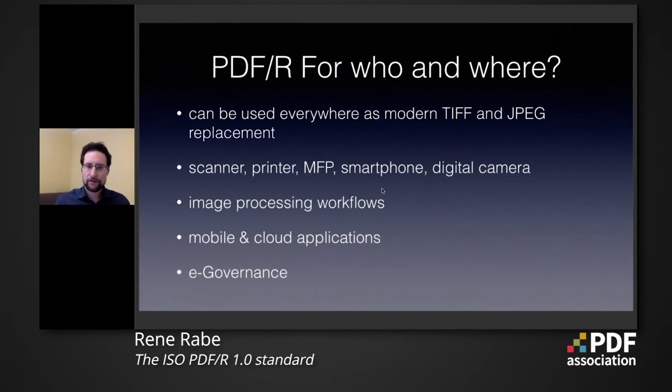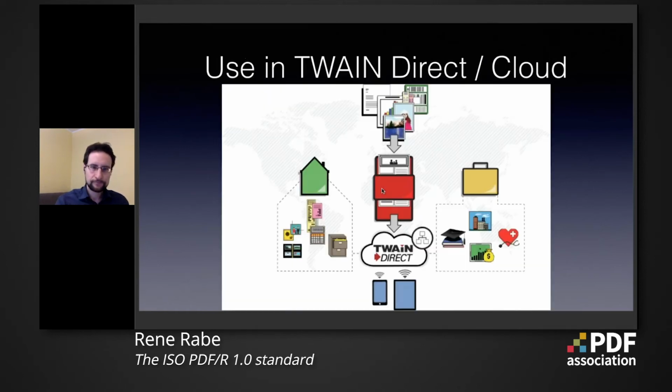And all, as I said, all image processing workflows, especially in mobile and cloud applications, due to the much lower requirements in code size and the direct guarantees of direct pixel access and direct mapping and extracting of pixel data. And certainly e-government and all business-to-business solutions, invoice form processing, voting, basically everything in this area, and you can imagine for your solutions.